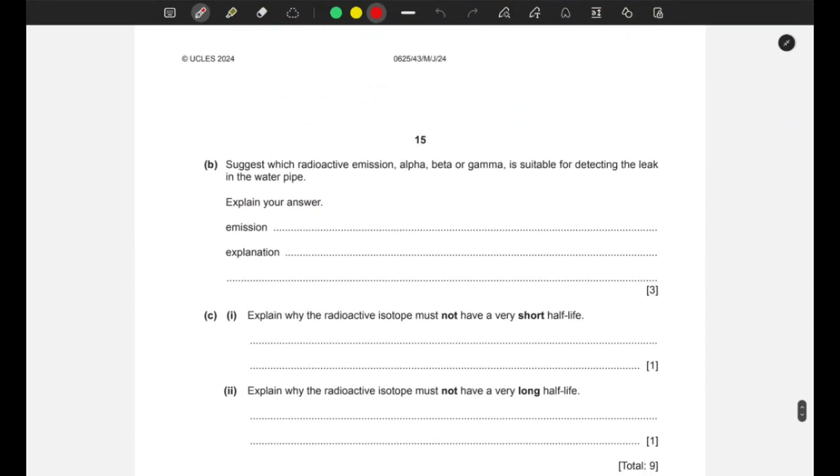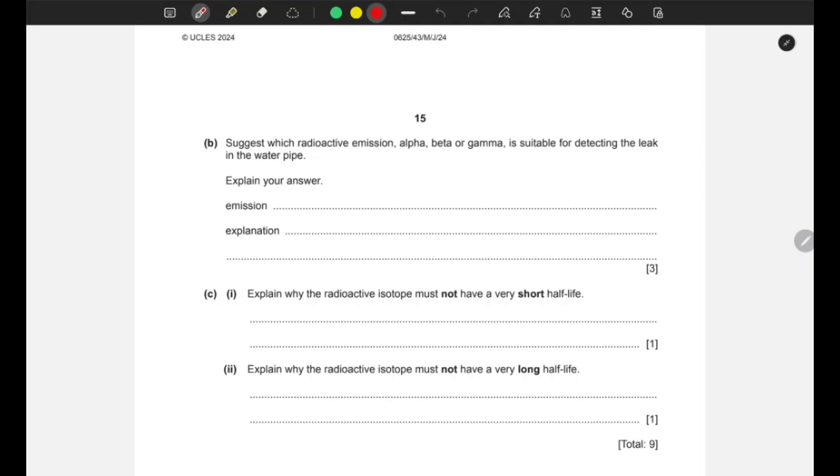Part B. Suggest which radioactive emission, alpha, beta, or gamma, is suitable for detecting the leak in water pipe. Explain your answer. So that should be the gamma ray. I'll explain in a minute. The gamma ray is the one with the highest penetration. So because of that, the alpha and beta would be stopped before reaching the detector.